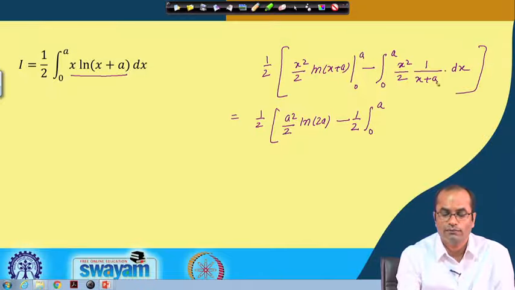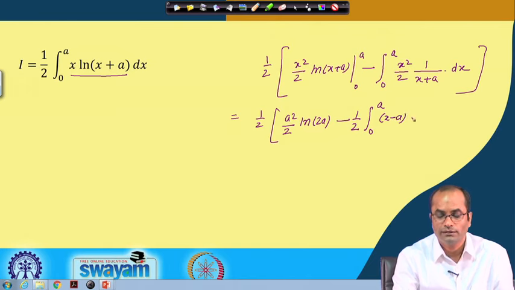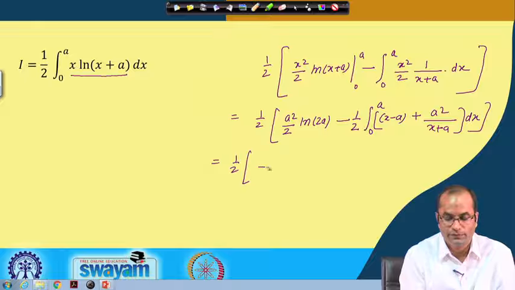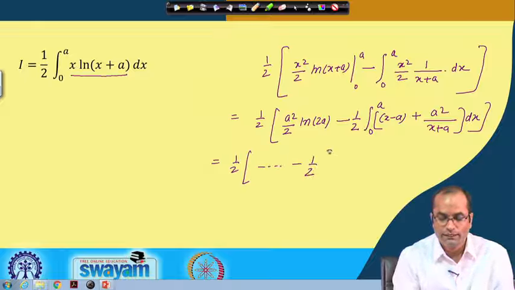So, this x squared minus a squared will become (x-a)(x+a). So, x+a will get cancelled. So, you will get x-a here, and then there was a term plus a squared over x+a, and then dx. So, we have half this first term, then minus this half, and then we can integrate this now.